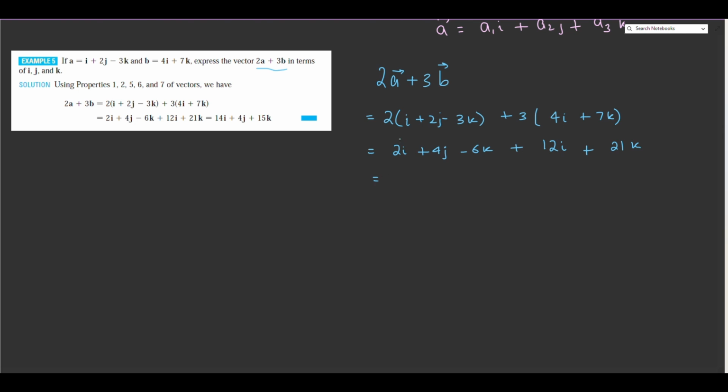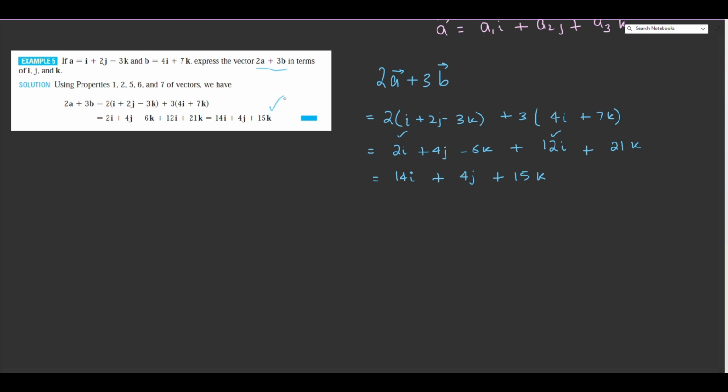Now we can add the like terms, that is this 2i will be added to 12i, so 2 plus 12 is equal to 14i. Now 4j, there is no other j term, it is the only term, plus 4j, and minus 6 plus 21k will give you 15k.